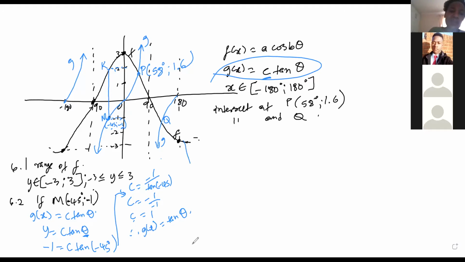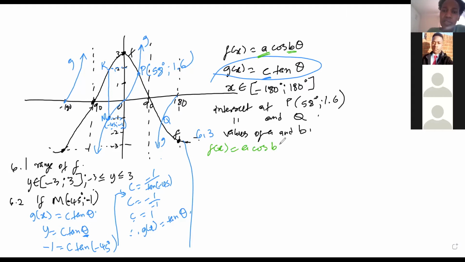Then 6.3. They say write down the values of A and B for the graph of the cos function, f(x) = A cos B theta. First, we said A is the amplitude.